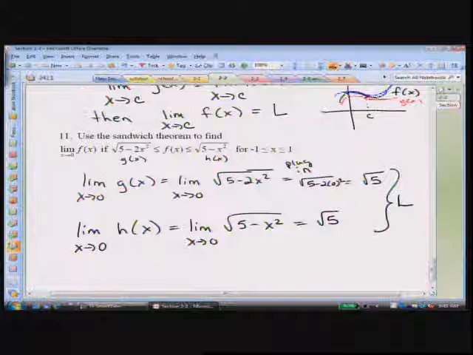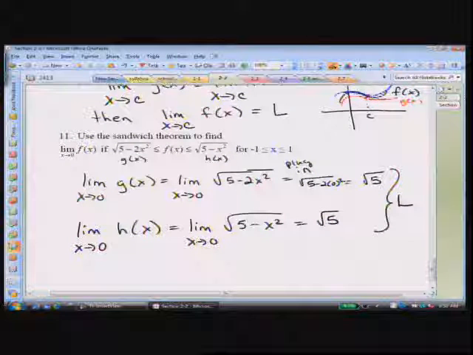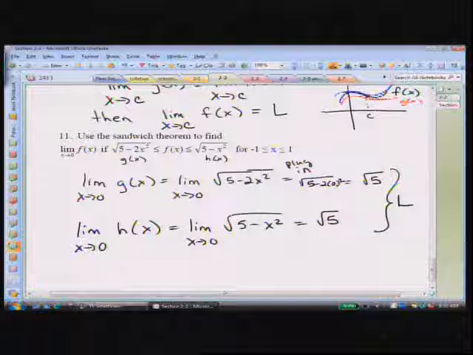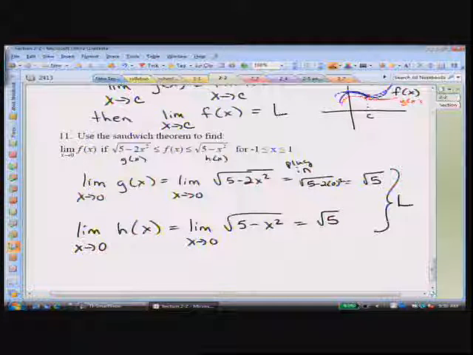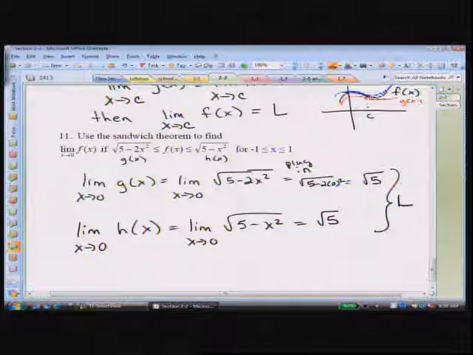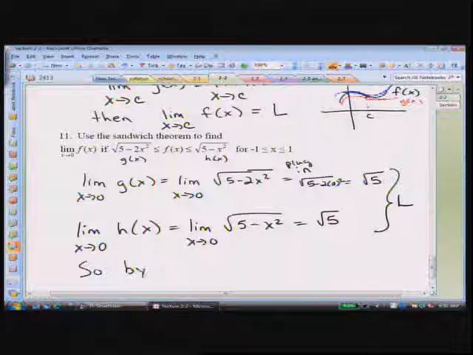But in my experience, the sandwich theorem is used to prove limits that have been proven for a long time, so you're not going to have to be creative and come up with your own. Somebody did. It's just getting very familiar with functions and messing around with functions. So you'll get there.